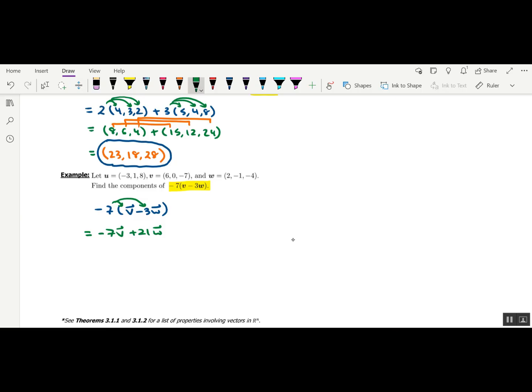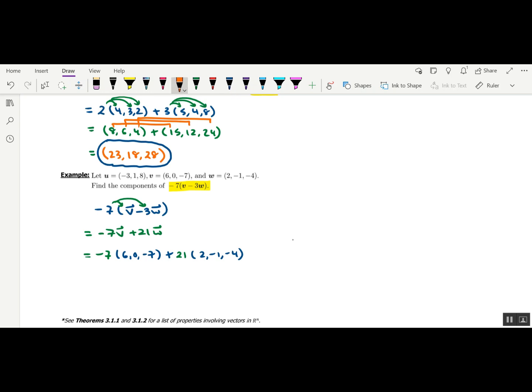And then we'll replace each vector with its corresponding components. So negative 7 times the component form of v, 6, 0, negative 7, plus 21 times the components 2, negative 1, negative 4.